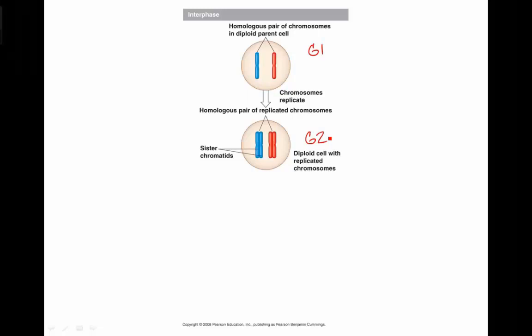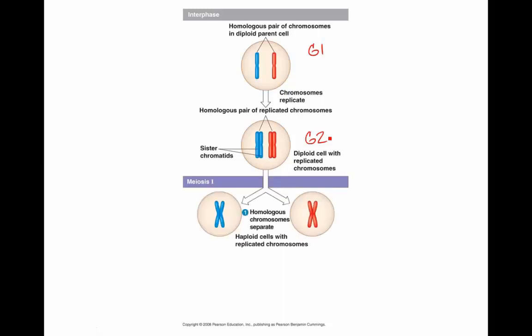Those duplicated chromosomes will be composed of sister chromatids that are identical to each other in every way. And then we also have the non-identical chromatids there as well, which would be the non-sisters. If everything checks out okay, we'll get the signal to go on and divide by meiosis I.